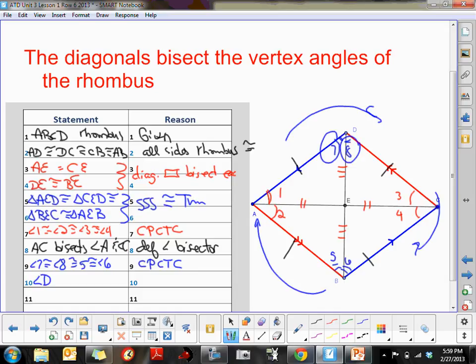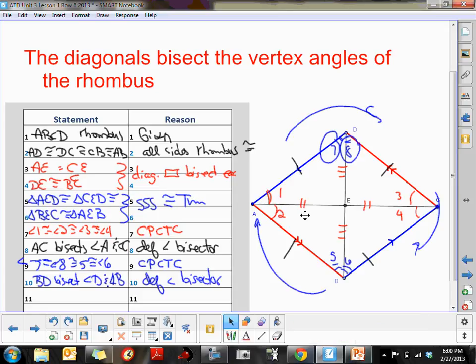So, angle 7 congruent to angle 8, and now I'm going to use the diagonal BD had to bisect angle D and angle B by definition of an angle bisector. So what we presented is the fact that we now know that every time we draw the diagonals of a rhombus, they will bisect those vertex angles.